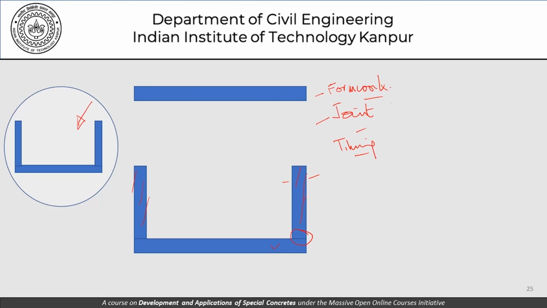Somebody says that we want to use self-compacting concrete to make a shape like this. So in that case, we do not need to go through this slab and then the wall kind of a discussion.